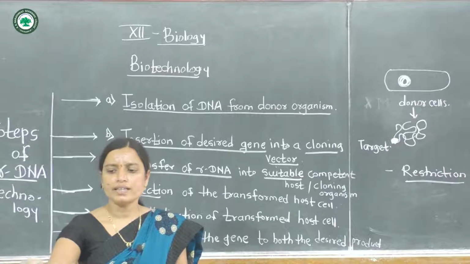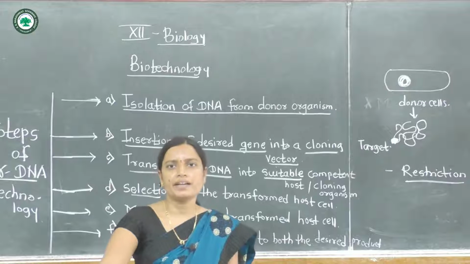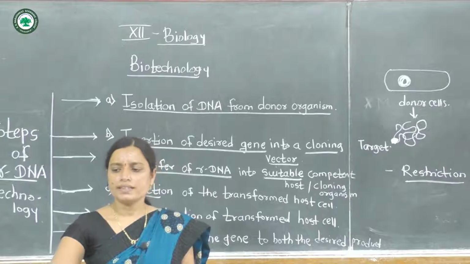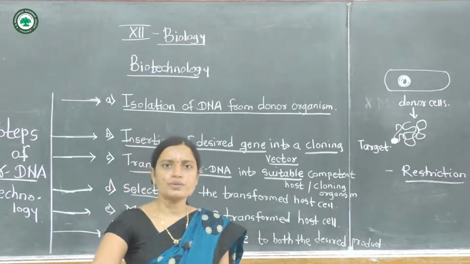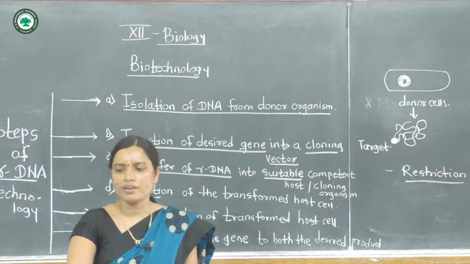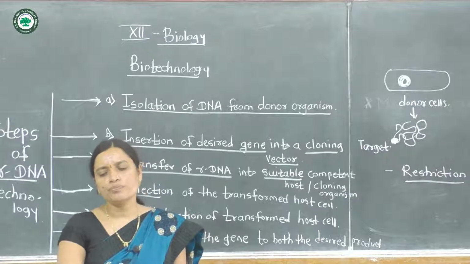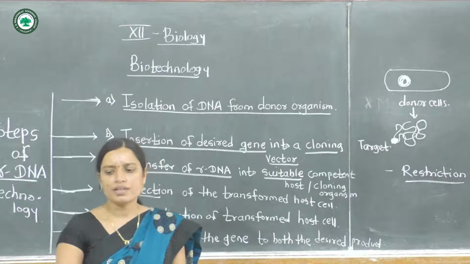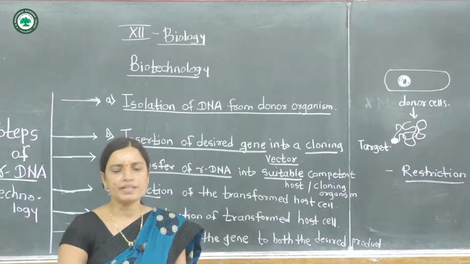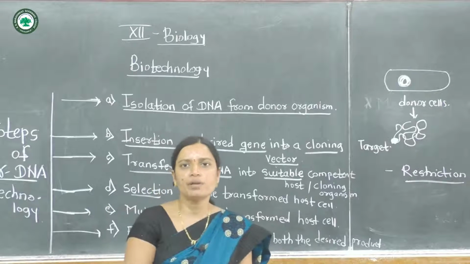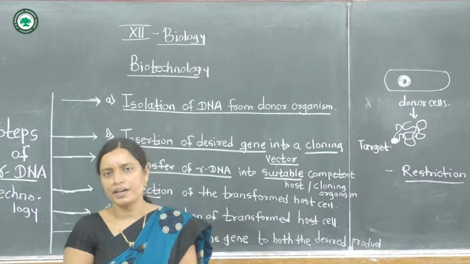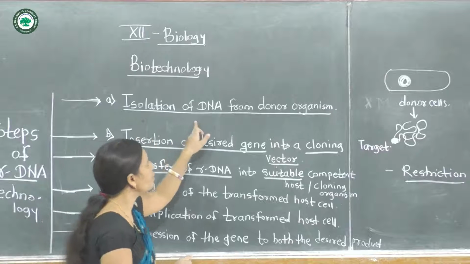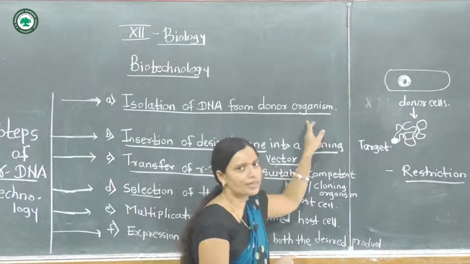This desired DNA can be transferred from the other cell, or they can obtain the gene directly through the genomic library or cDNA library, where the genetic material is preserved and the DNA can be isolated. Now the first point is the isolation of the DNA from the donor cell.